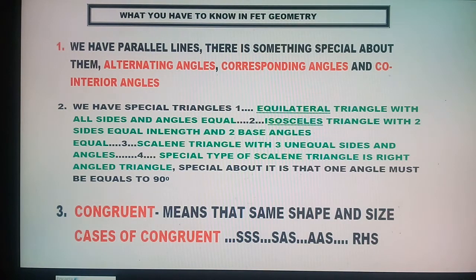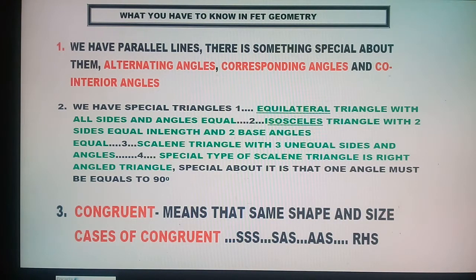Another case of congruent: side, angle, side. Another case: angle, side, angle. And another case: RHS, for right angled triangles. We have these cases: triple S, SAS, and RHS, and we are going to discuss these important cases of congruent.